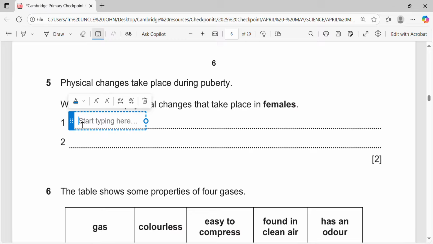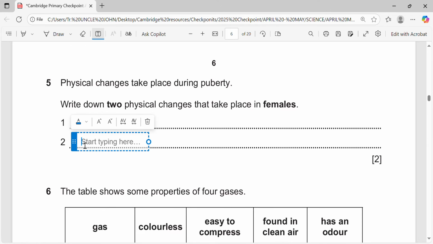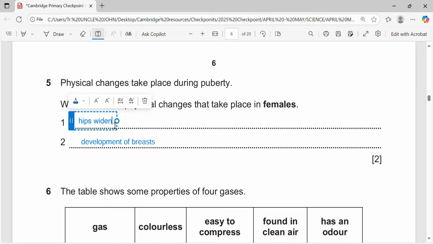You can say development of breasts. You can as well say start of menstruation.